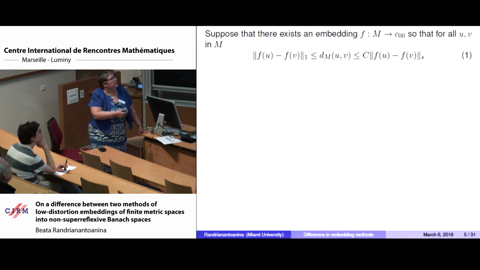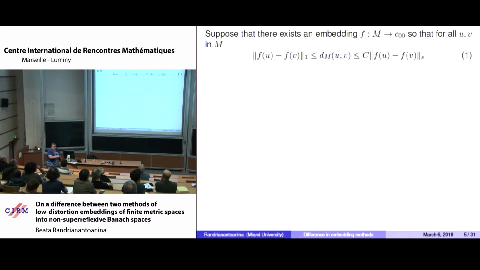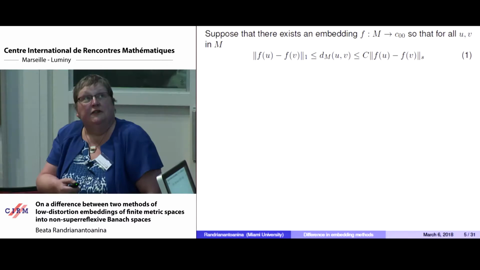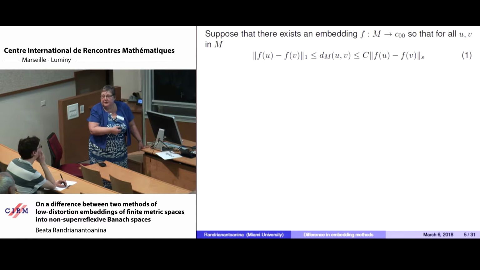Well, we try to take our metric space and we put it into c00, which denotes for me a space of finitely supported sequences. And for every u and v in the metric space, we want the map to be such that the L1 norm is below the distance, and the summing norm, which in principle is always not bigger than the L1 norm, but it is bounded above by this.